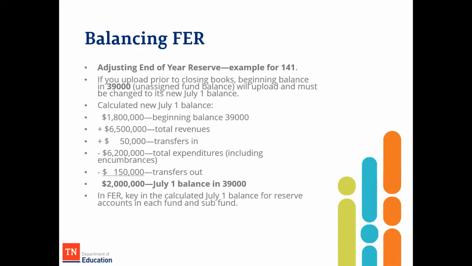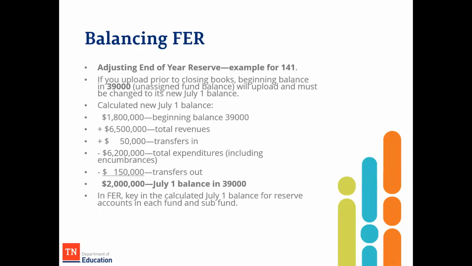If we start out with 1.8 million as our beginning balance in $39,000, we're going to add our total revenues for the fiscal year, which is 6.5 million. We're going to add any transfers that we have in. For this example, it is 50,000.